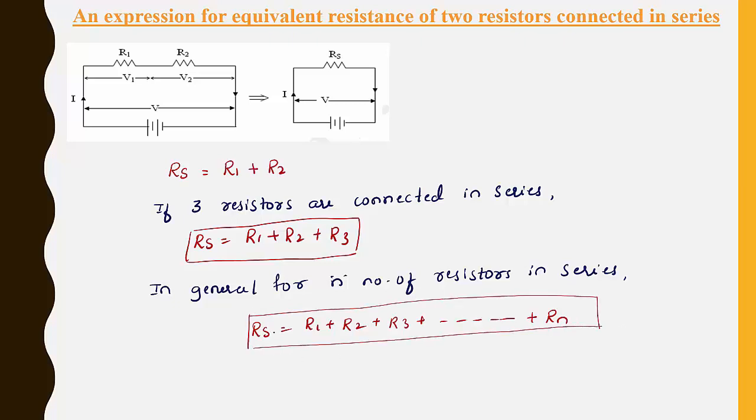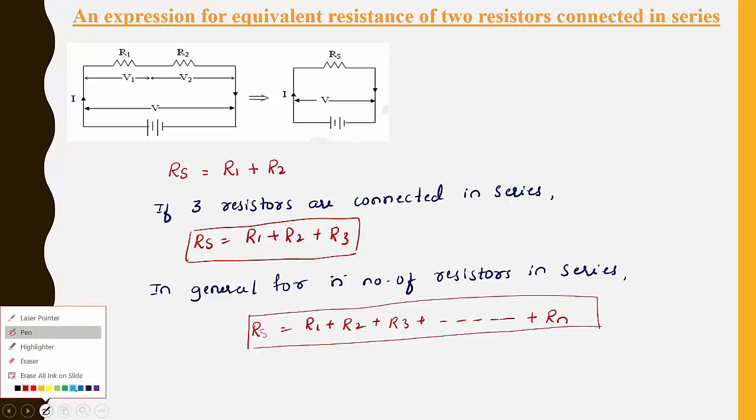So what does it indicate? When a number of resistors are connected in series, the equivalent resistance of the combination, that means Rs, is equal to the sum of the individual resistances in series. What is the conclusion?